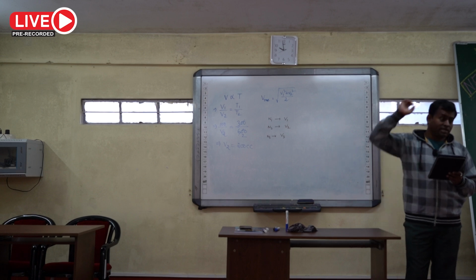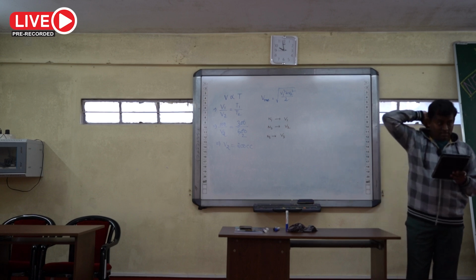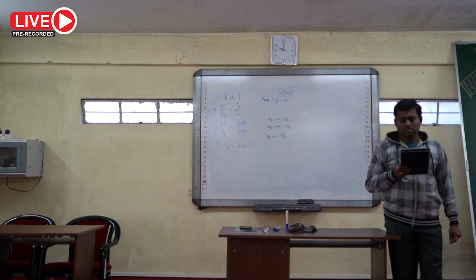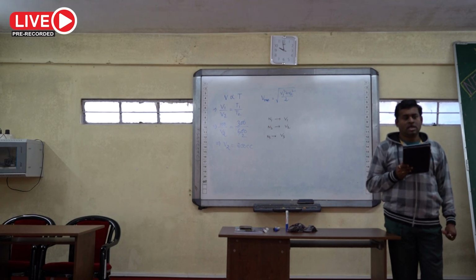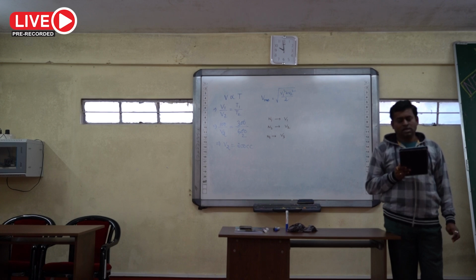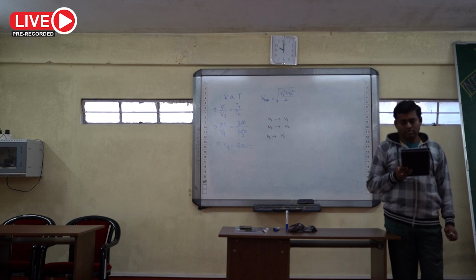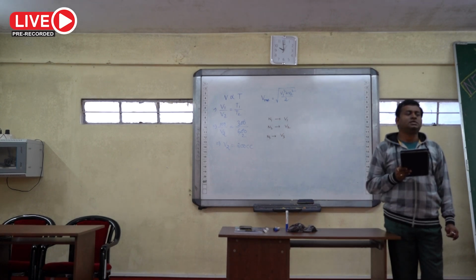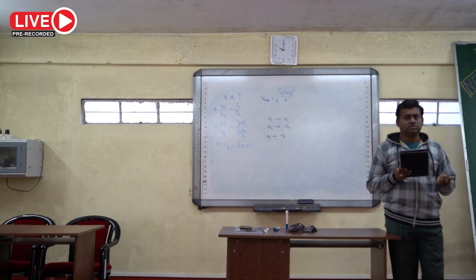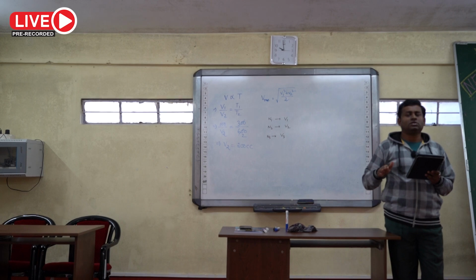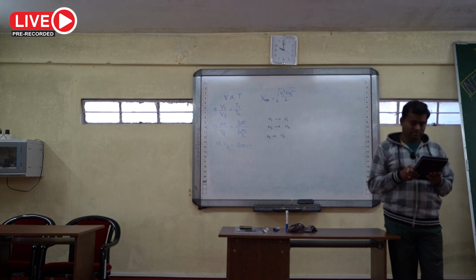Considering atmospheric pressure at sea level is P naught, molecular mass capital M and acceleration due to gravity small g taken constant. G is also taken constant, means you can consider that the height is not so much that G will vary.